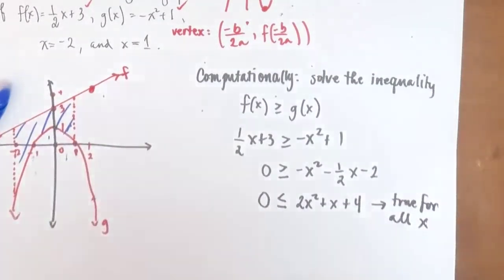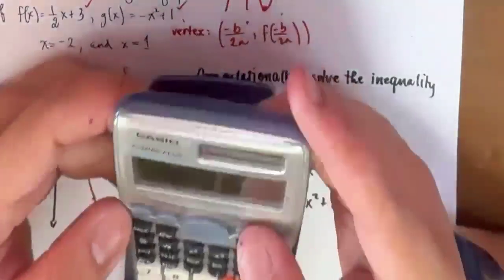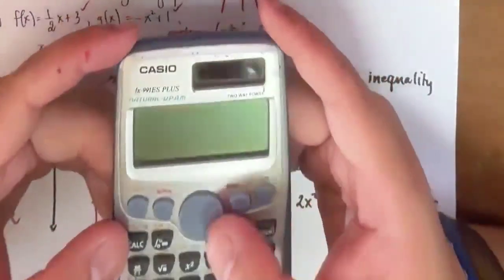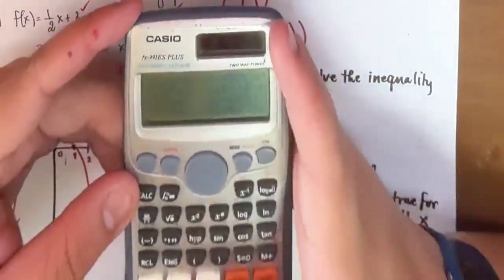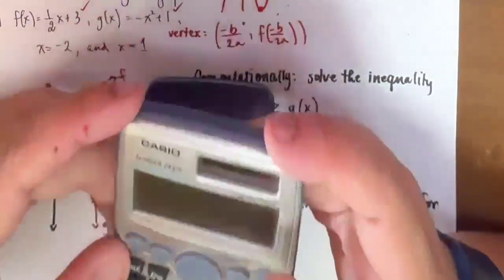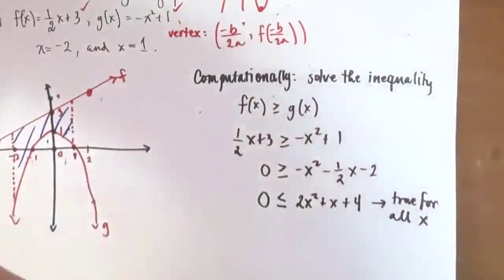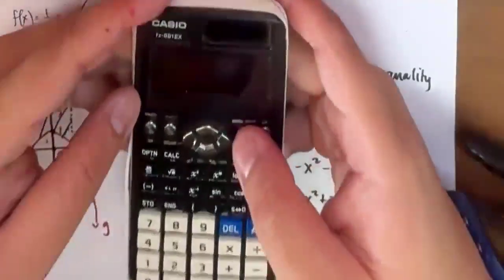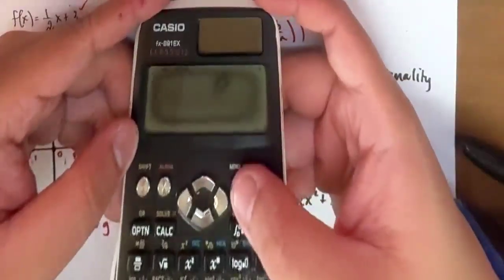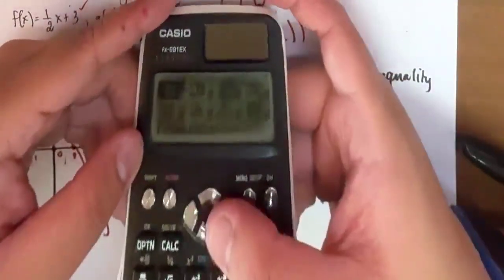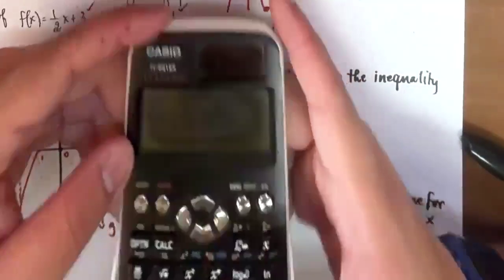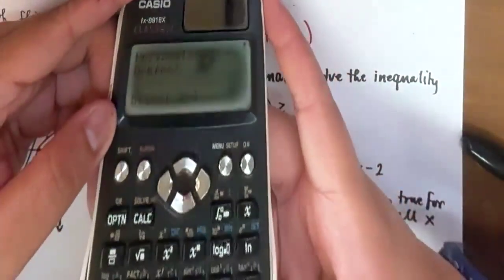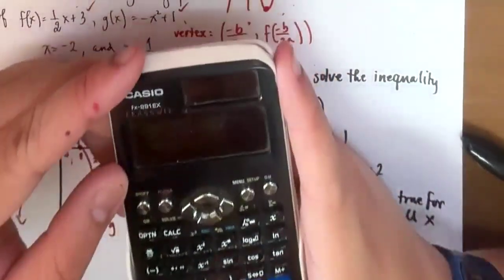By the way, you can solve inequalities using this calculator. Go to mode. Can you? You can't. I stand corrected. You can solve using this, however. Mode, then inequality, polynomial is 2.